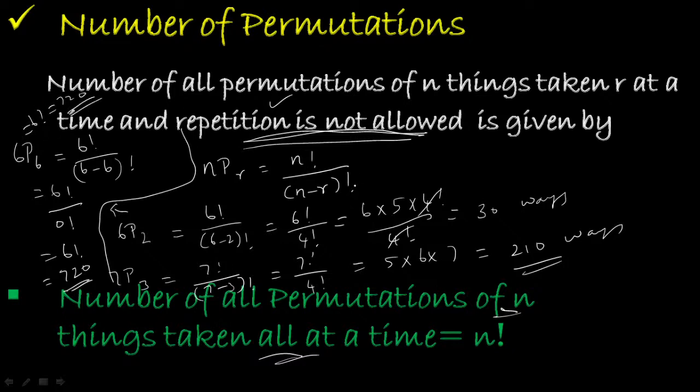That's good and better. Likewise, suppose it is 7P7. What is the value of 7P7? That is 7 factorial. Write down the value. Likewise, for the number of all permutations of n things, all of them taken at a time, the formula we use is n factorial. This one you have to remember.